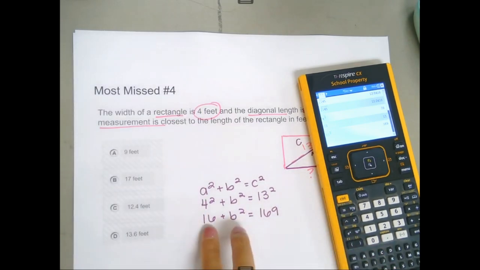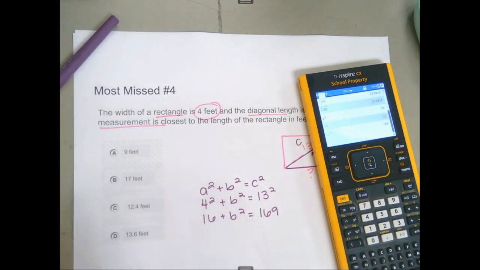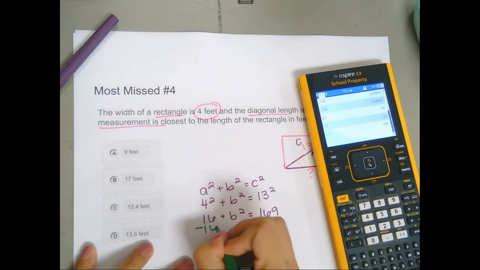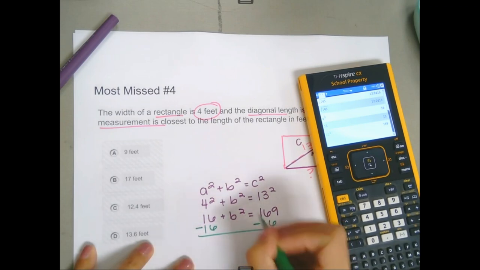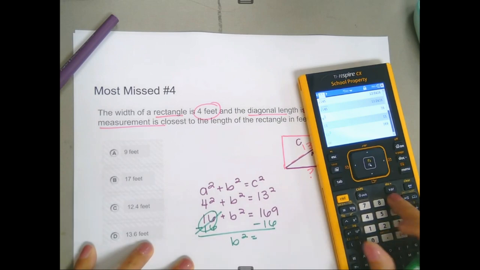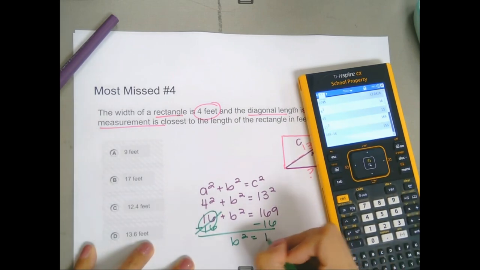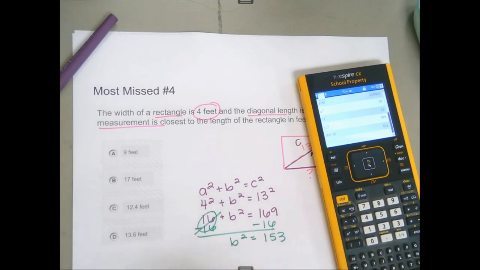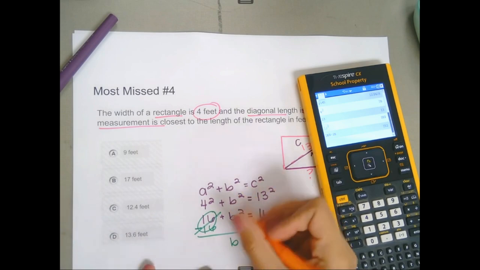Now, I have a number and a letter. I cannot add those together. So when we can't add, remember we need to do the inverse. We need to do the opposite. So I'm going to go ahead and subtract 16 from both sides. So 169 minus 16, that gives me 153. And then I need to remember to do my last step, which is to take that square root.